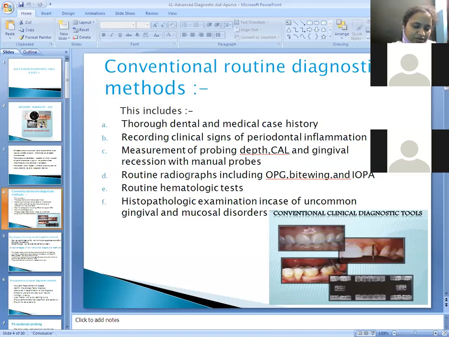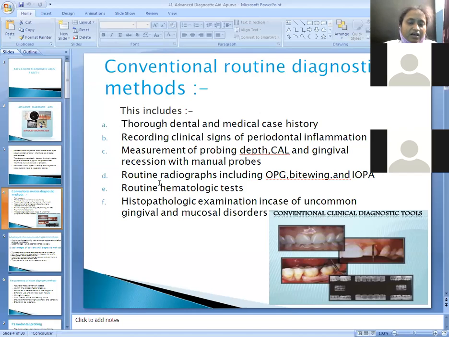Okay, to detect bone loss, is it possible to see it clinically in the oral cavity with your eyes? For that purpose, you need to have a radiograph. Okay, so for radiographs, you can have IOPA, OPG or bitewing radiographs or any other type of radiographs, and advancement in that.